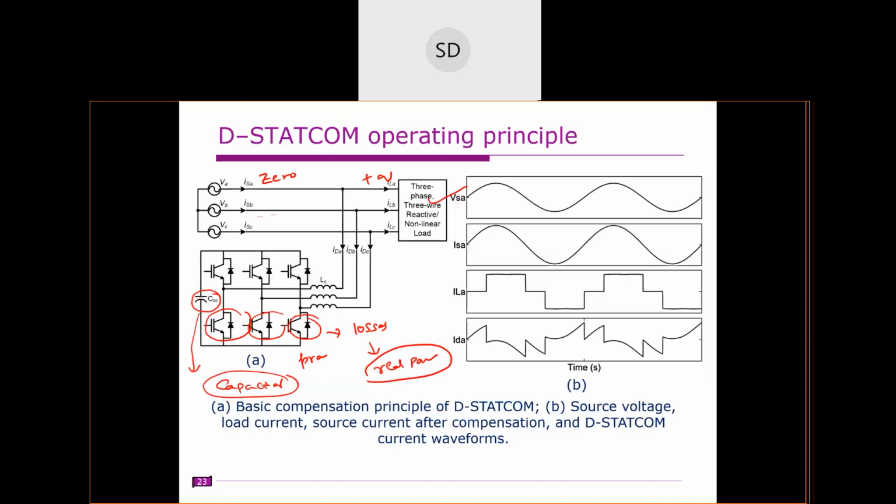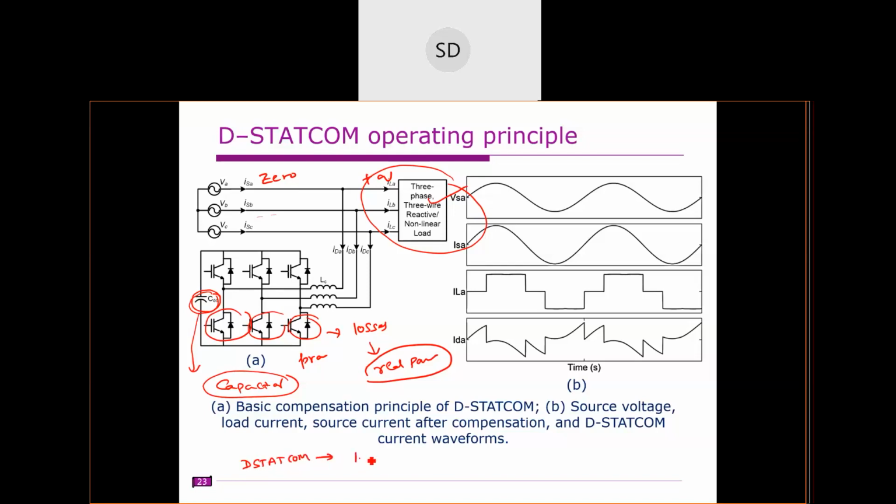If we remove this load, it looks like an active rectifier. To operate this properly, this capacitor voltage must be greater than the peak of the source voltage. In case of DSTATCOM, how much greater?